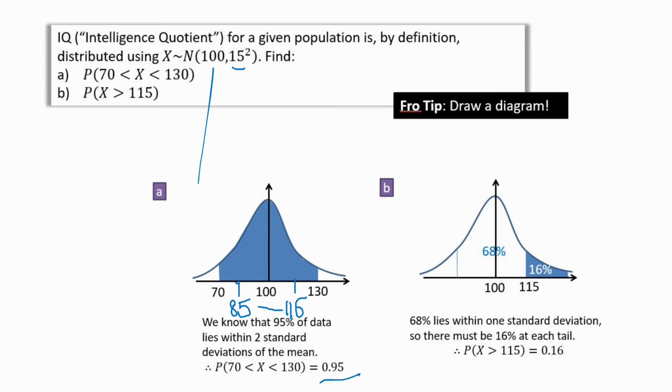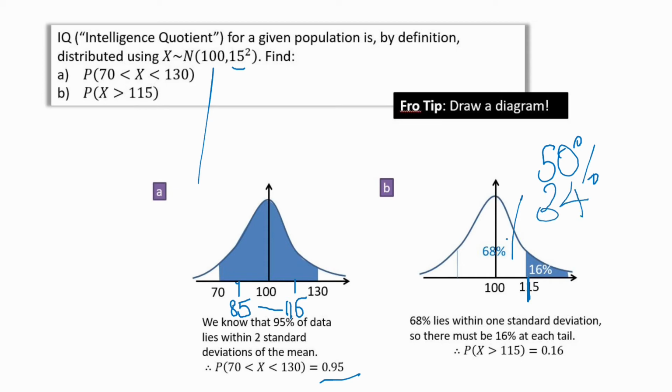And then the chance of it being greater than 115. Looking at our chart here, we know this is one standard deviation up. Another way of thinking of this is that this whole right hand side is 50%, because 50% of it is above the mean, and we know this small part here is 34 because it's half of 68 and our curve is always symmetrical.